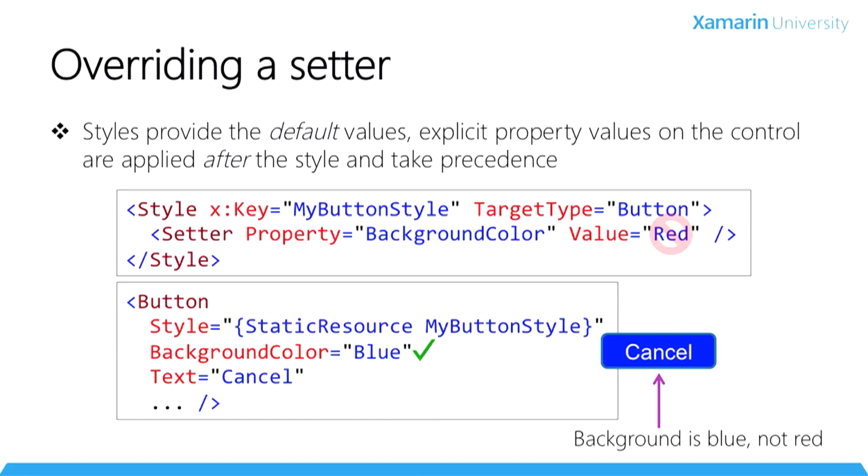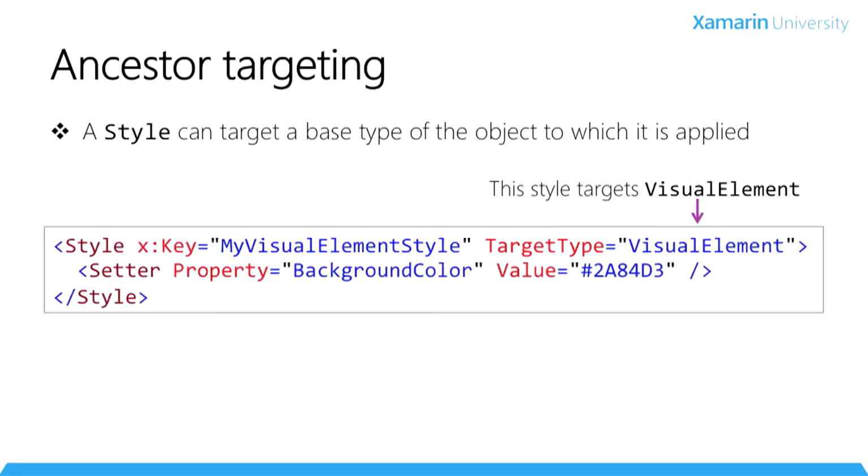It could happen that the style is almost but not quite perfect for your needs. For example, it might have 5 setters, 4 of which use values you want, but 1 which isn't quite right. You can go ahead and use the style, but then add an explicit property setting to your control for the setter that has the inappropriate value. Your explicit value will override the one in the style.